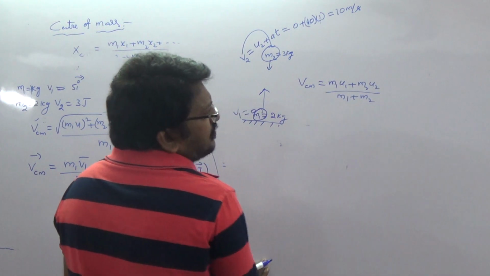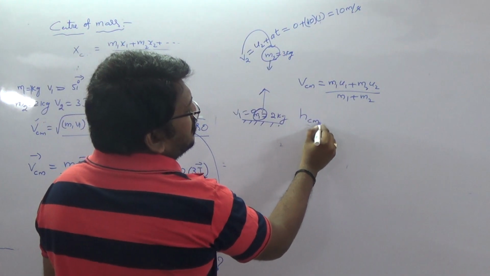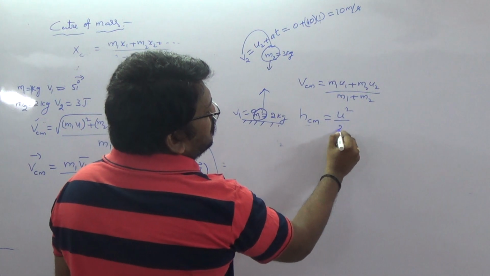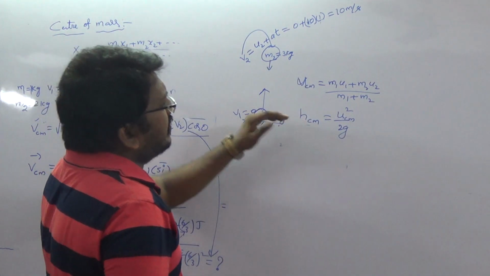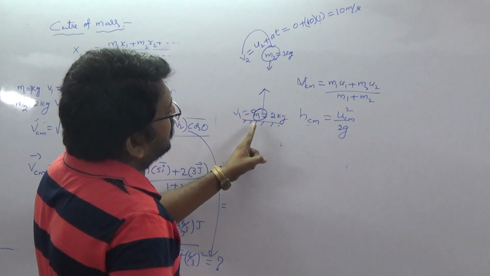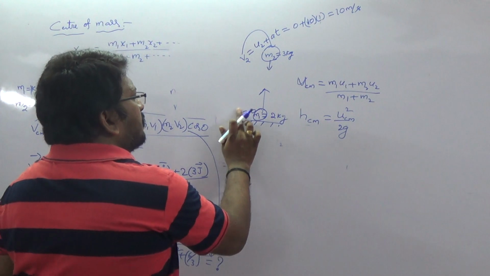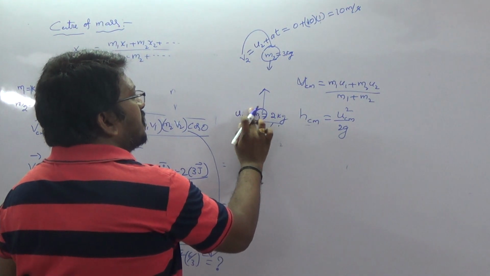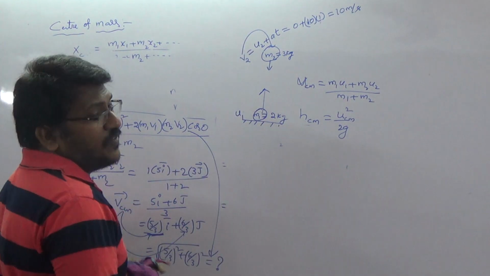So that is the velocity of the center of mass. What is the height raised by the center of mass? HCM is equal to u square by 2g, according to the formula, using UCM. So that gives the height raised by the center of mass when one body is projected upward with velocity u1 and another body is freely dropped.